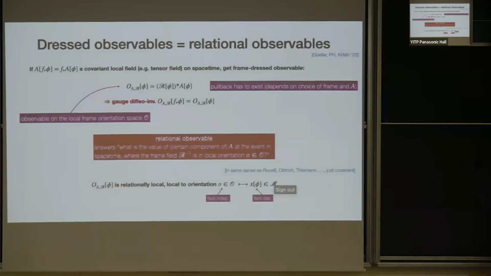It will in fact answer the question: what's the value of, in general, some component of maybe some tensor A at some event in spacetime where the reference frame field is in a local orientation O? That orientation is basically the point in orientation space that this dynamical frame map associates with the bulk spacetime point.